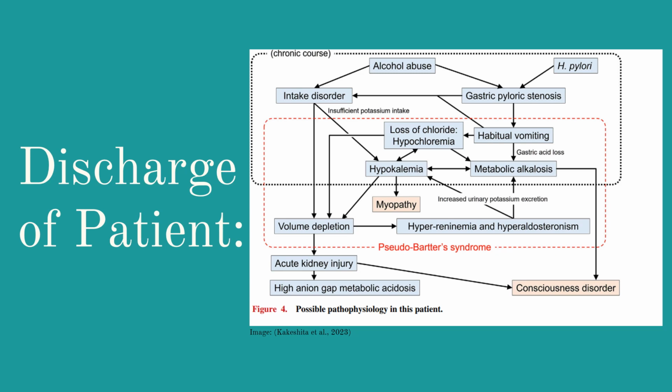Your volume depletion, your hyperemia and hyperaldosteronism. Your acute kidney injury is going to help lead to your consciousness disorder, which so does your metabolic alkalosis. The high anion gap was the one thing that showed metabolic acidosis. So this was a possible way that this person presented, using just the information that we gathered.